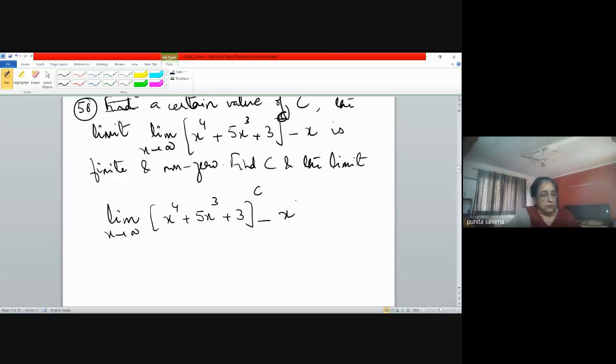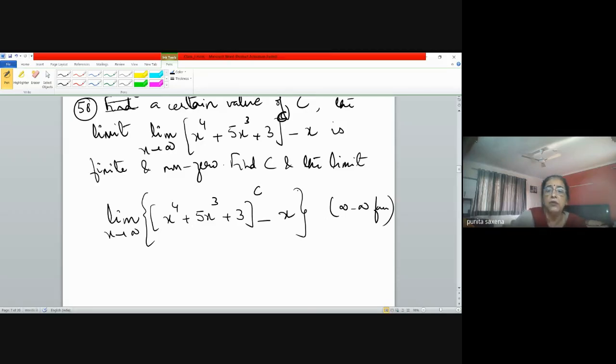Now, if I just look at this as x approaches infinity, for if c is positive or whatever, as far as one glance is concerned, it looks like an infinity minus infinity form. Of course, there is a bracket here also. Because your x is approaching infinity, this is an infinity minus infinity form.